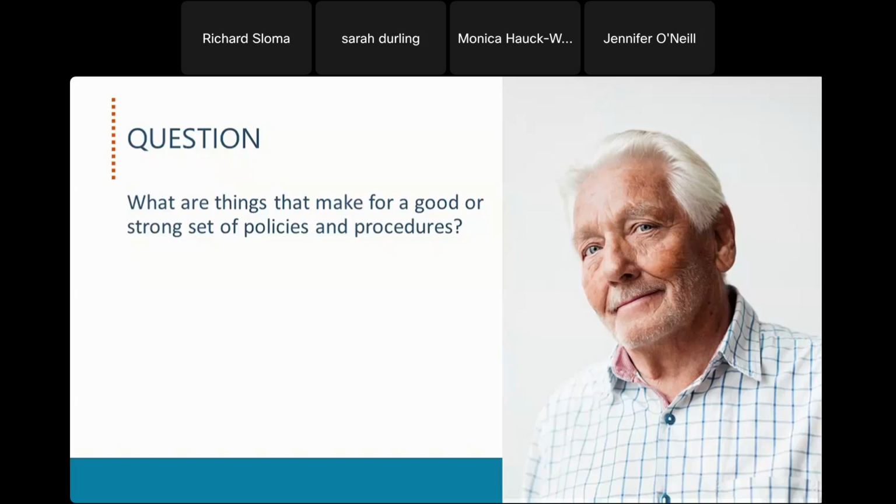We do have samples. If you go to the State Archives website, go to the Records Management menu item, and then go to Topics, you'll see a topic on policies and procedures. And on that web page, we have a heading that says Sample Policies and Procedures. We have some sample records management policies, one for state agencies and one for local governments.